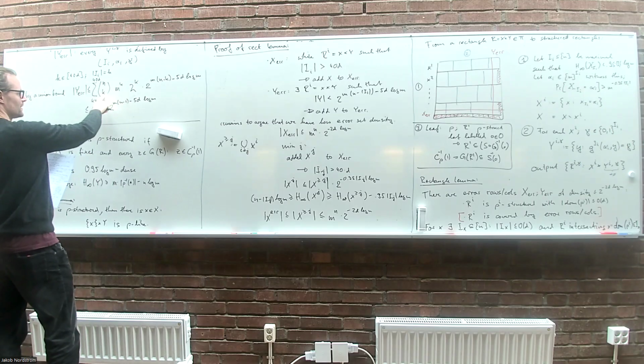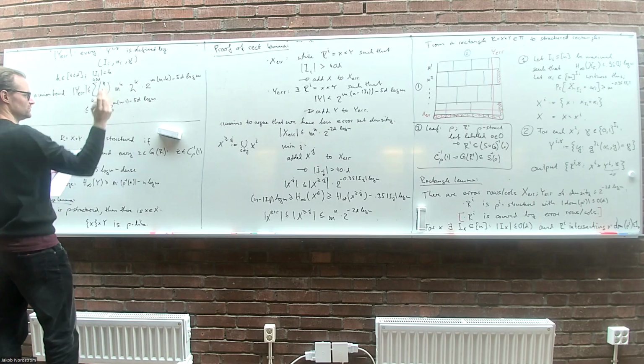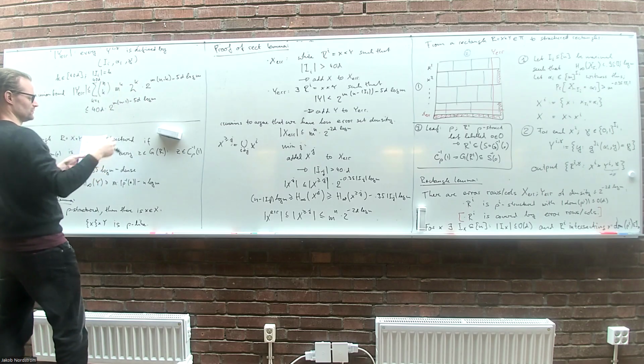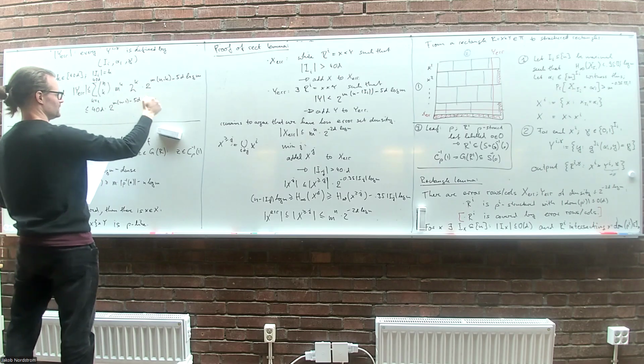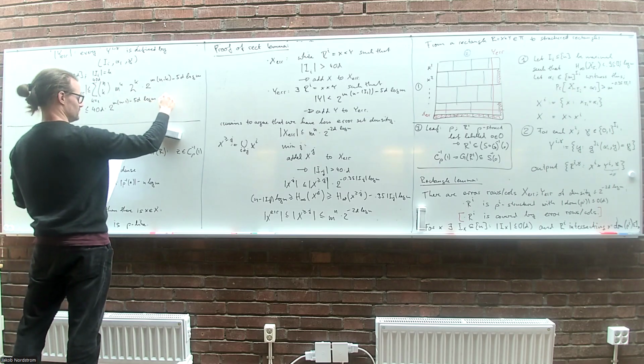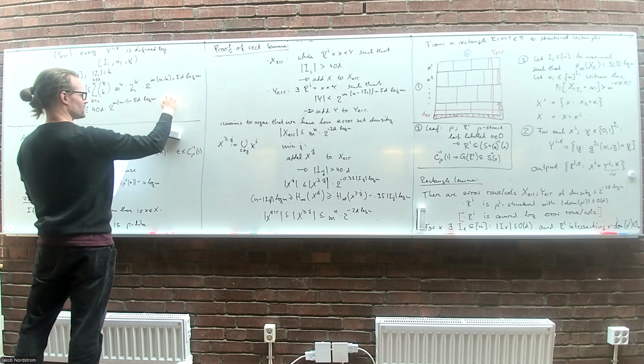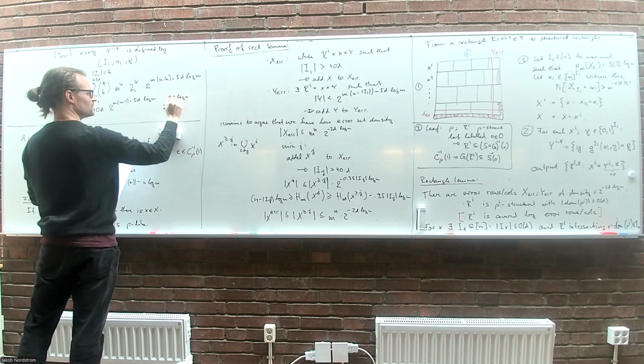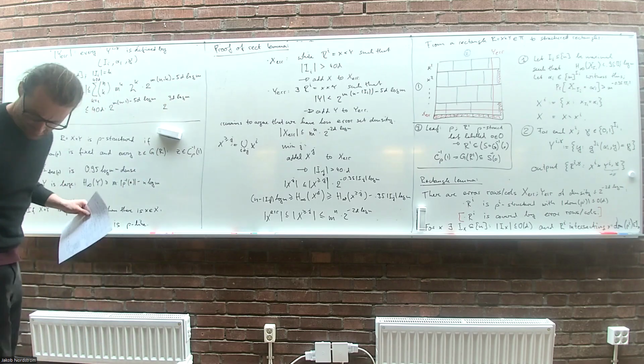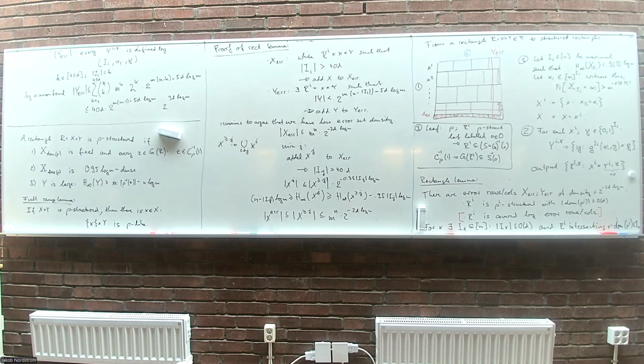Well, here is an n factor, here is an n factor, here is a 2 factor. Right? So certainly this is upper bounded by, say, 2 to the 3 log n, something like this. So, fine. We'll get it later.